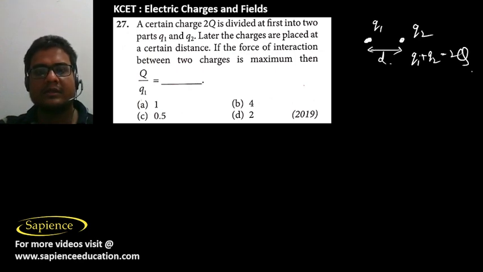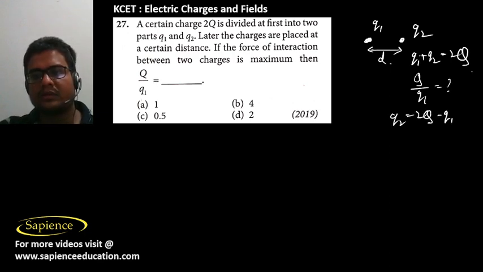The force of interaction between the charges is maximum. Then q by q1, to find the ratio. Now q2 will be equal to 2q minus q1.